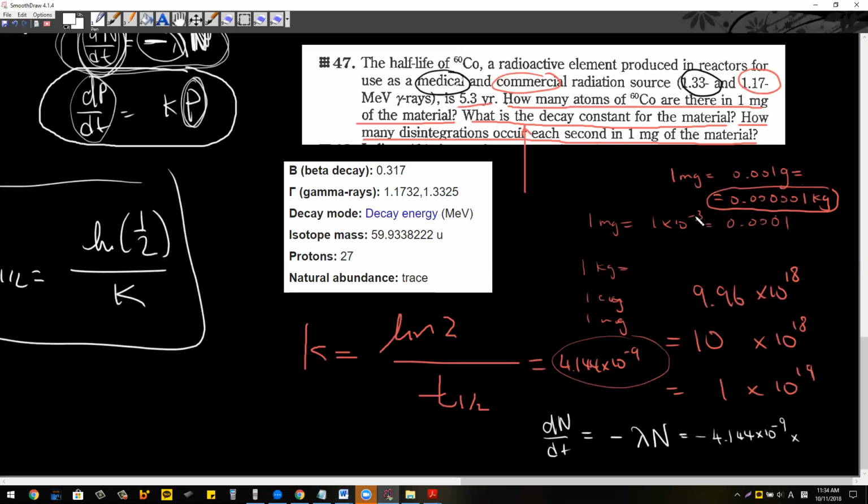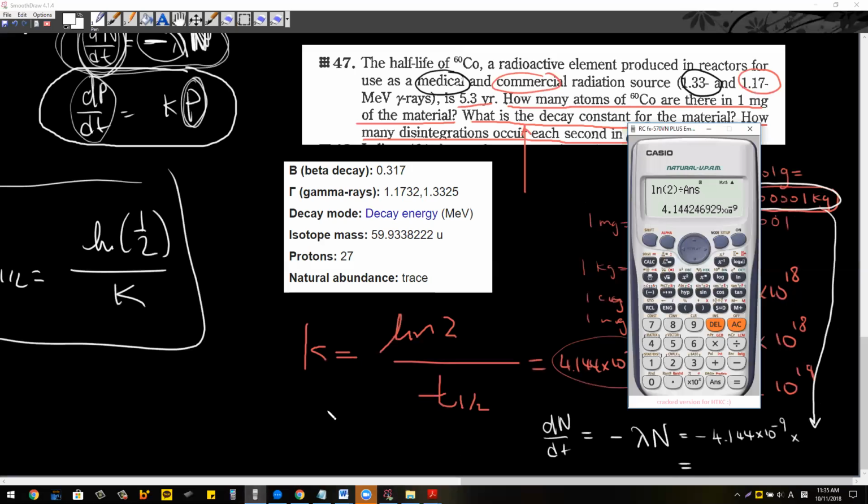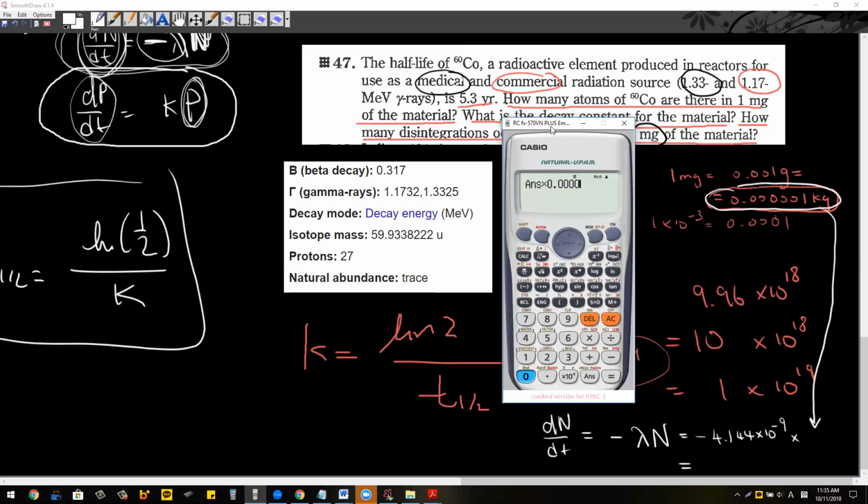And the current mass is 1 milligram, isn't it? But 1 milligram is the same as this quantity here, so I'm going to put that in here. So do you just multiply that by the answer we got before? Yeah, multiply this one by 0.000001.